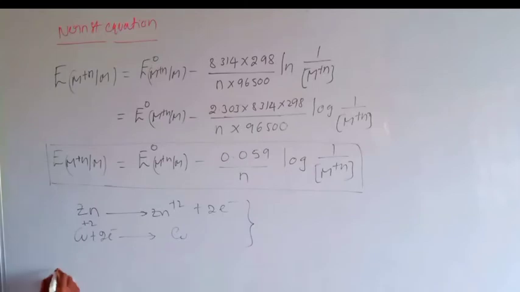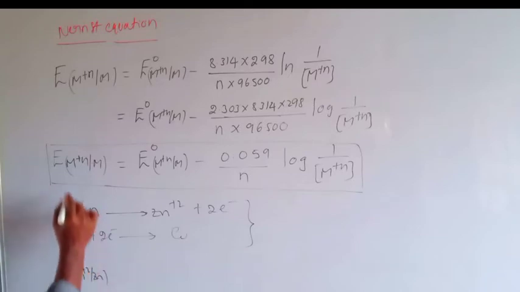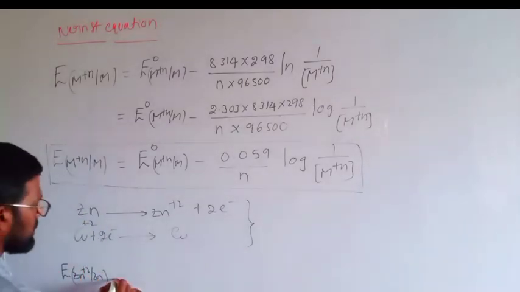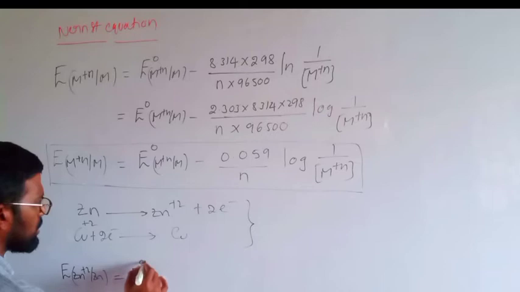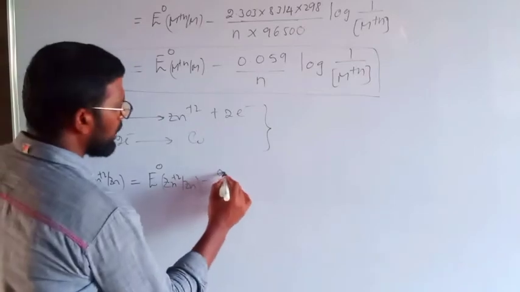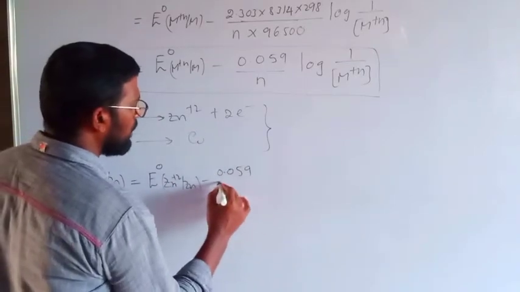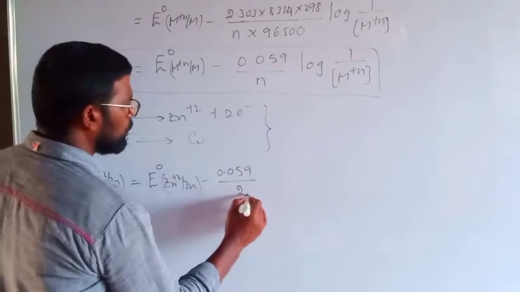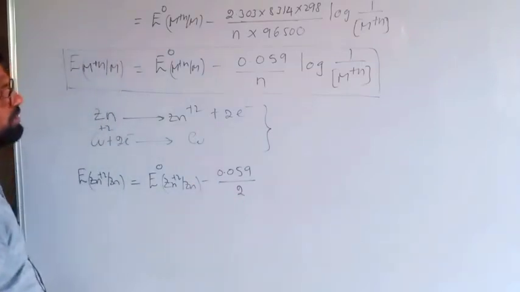The first one, E Zn plus 2 bar Zn. So instead of M, I am writing Zn, zinc metal, and the standard reduction potential of zinc minus 0.059 by 2. Why am I using 2 here?